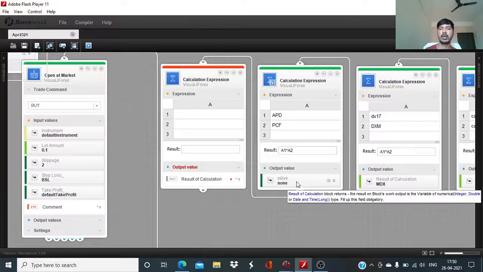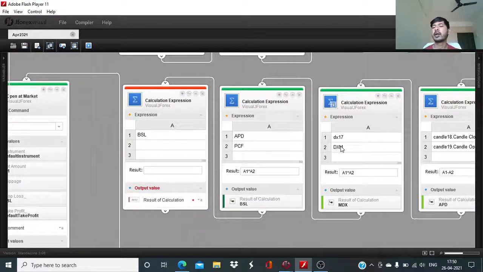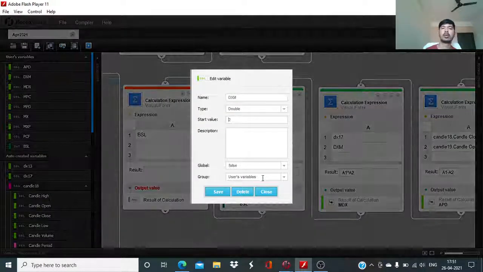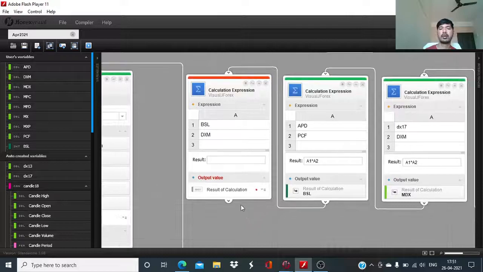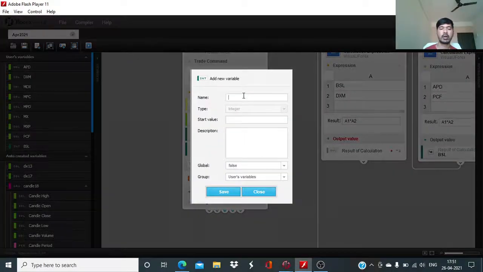Take profit will be simply twice of it, and as I have already created this variable DX 10 which has the value 2, I will use the same variable and multiply it with BSL. Okay, so again A1 into A2, and this will be buy side profit.